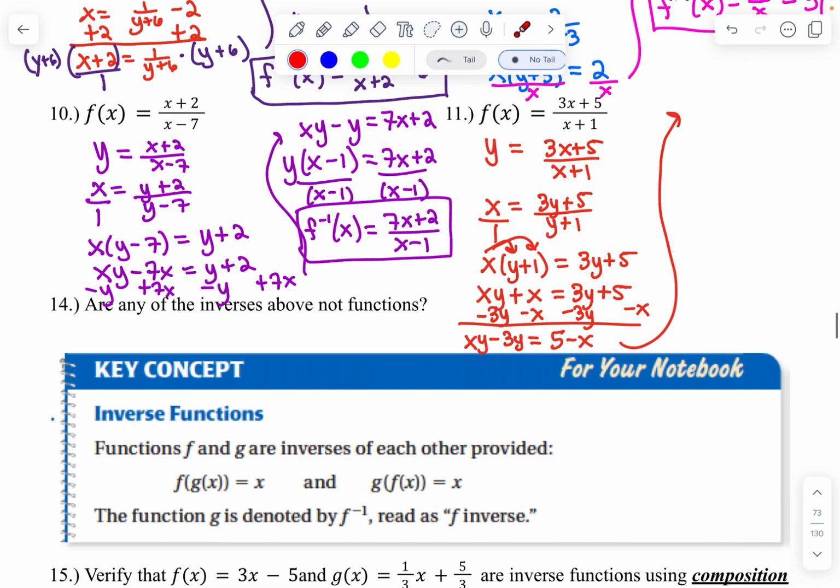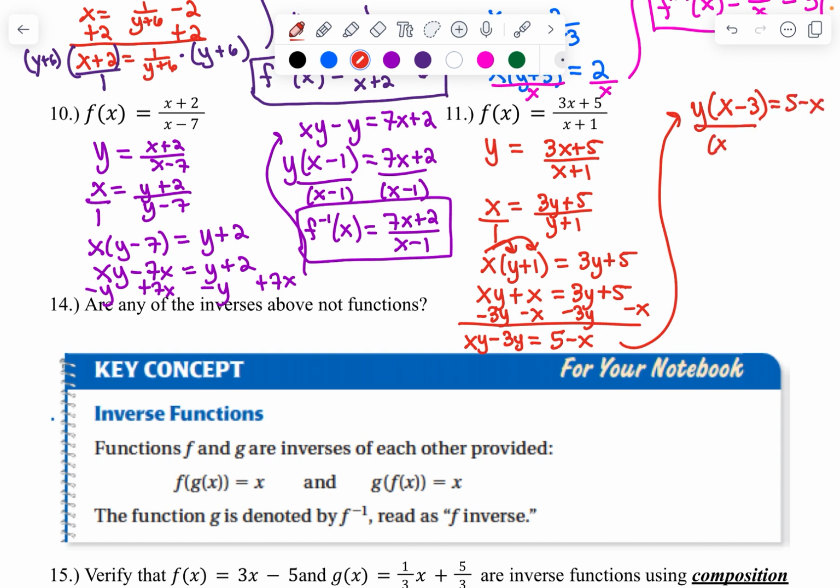Now that we have, so again, we had to distribute here so that we could move these y's over to join those, and this x over there, so that we only have y terms on the left, everything else on the right. Since these both have a y, we can factor that out with GCF factoring. So if I divide by y, I'm left with x minus 3 equals 5 minus x.